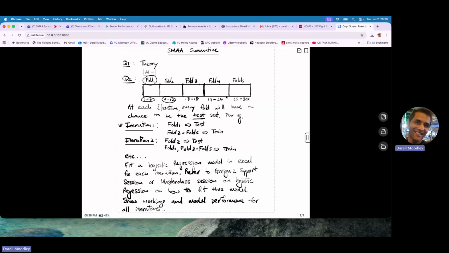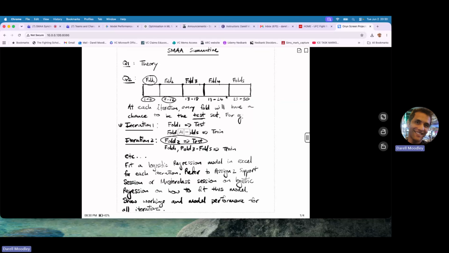For iteration 2, you could make fold 2 your test set, and then the rest of them are your training set. So at each iteration, every fold will have a turn to be the test set. That's how you create your iterations.